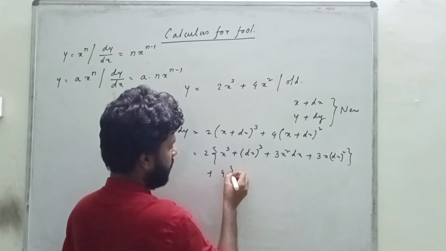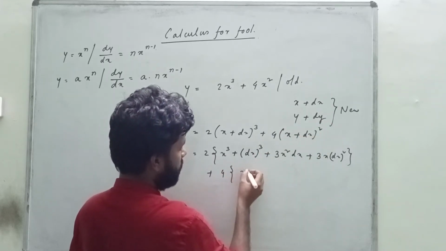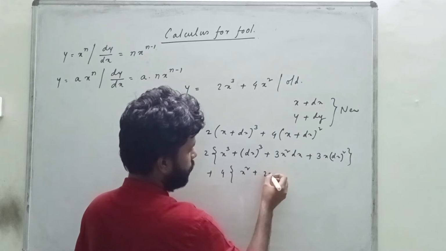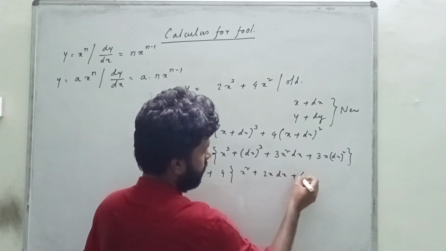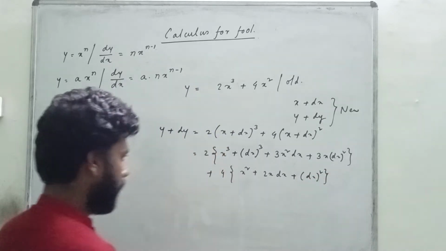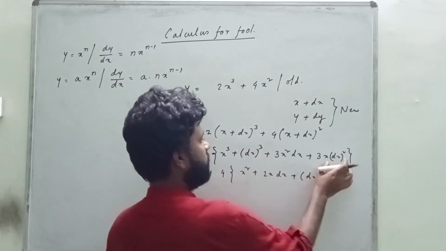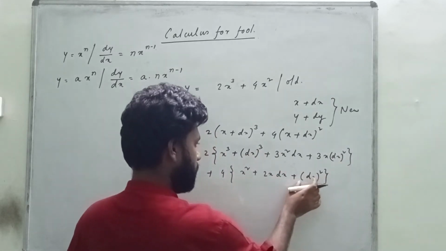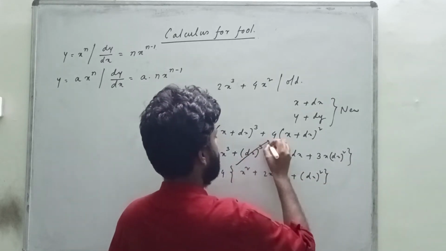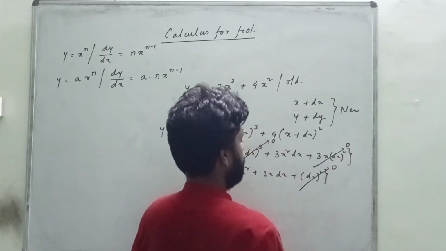The 4 times a plus b whole squared. It's x squared plus 2x dx plus dx squared, right? Okay. Now obviously all of you know the very smallest thing, dx squared and dx cube, are the smallest things. You can cancel them out, they will be 0, right?